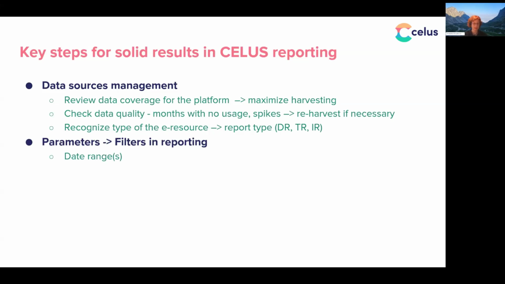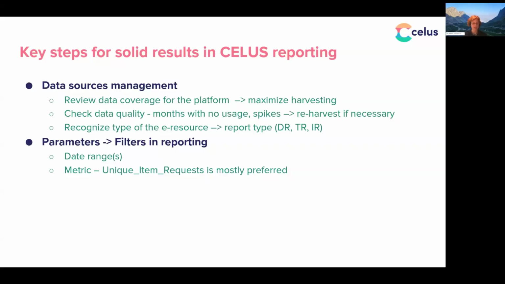And then it is important to think about the parameters which become filters in the reporting. Which date range is relevant for the usage, which is the invoice relevant for. Which metric should be used.